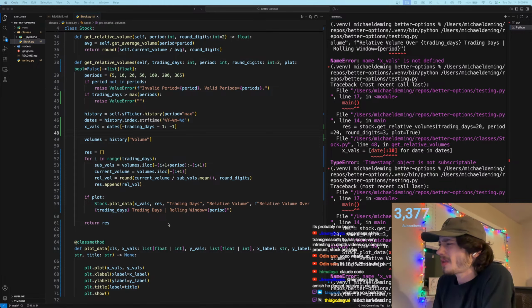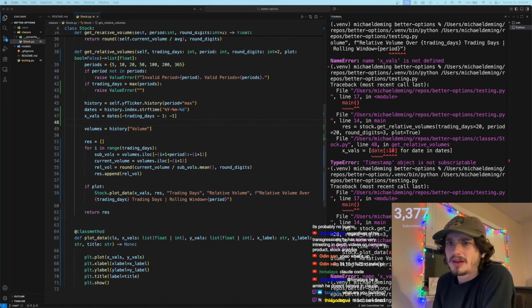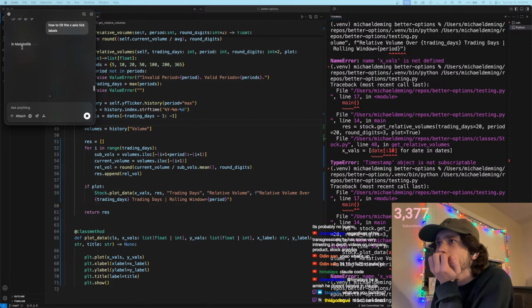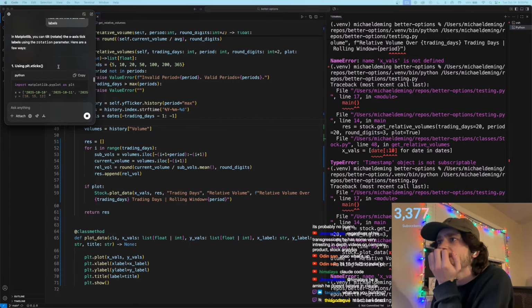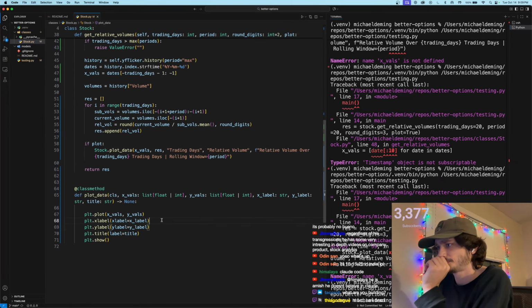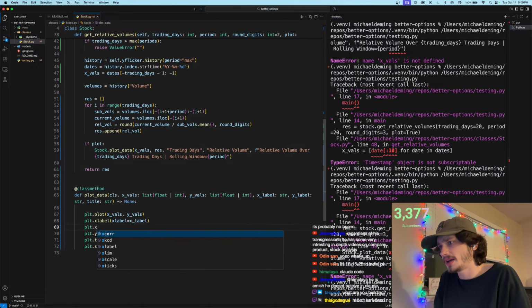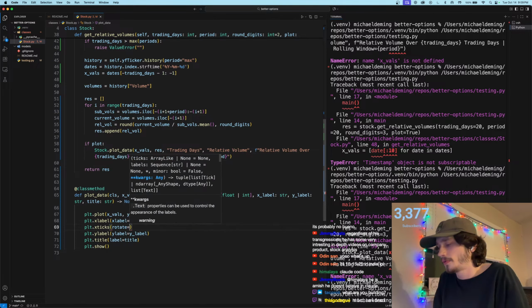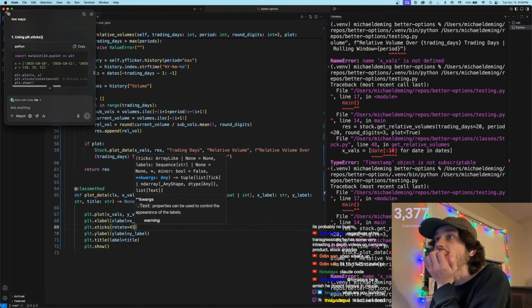Okay, so how to tilt the x-axis tick labels using the rotate parameter, rotation 45 on plot.xticks. Plot.xticks rotate equals 45 rotation.